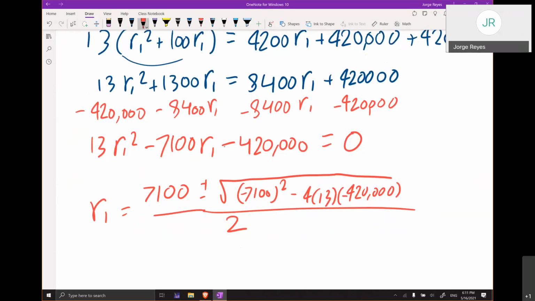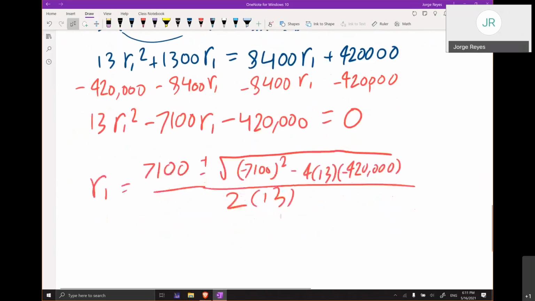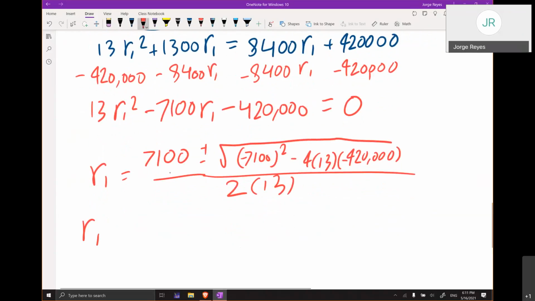A is 13, so 26 on the bottom. Crunch out whatever is here, and if you plug that into a calculator, because you should, you actually get 8,500 magically.